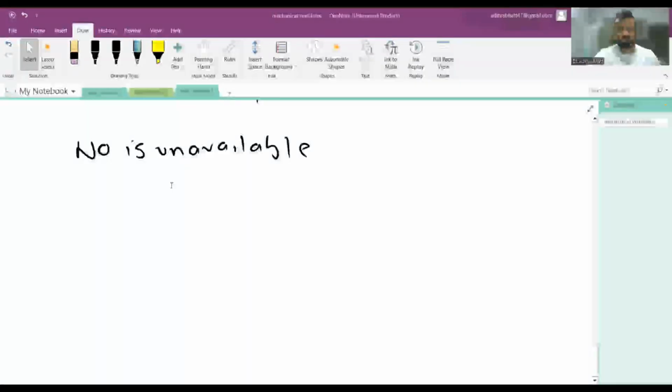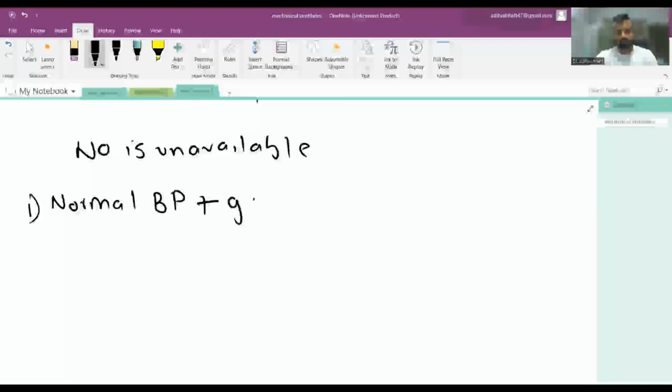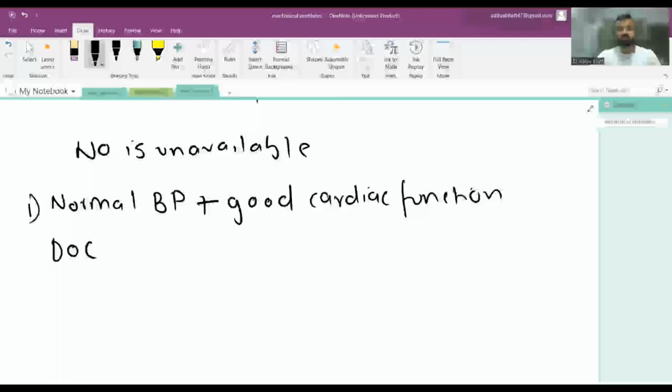When nitric oxide is unavailable, you have 4 scenarios. The first scenario is that the BP is normal, with good cardiac function. When the BP is normal with good cardiac function, the drug of choice, when nitric oxide is unavailable, becomes sildenafil.